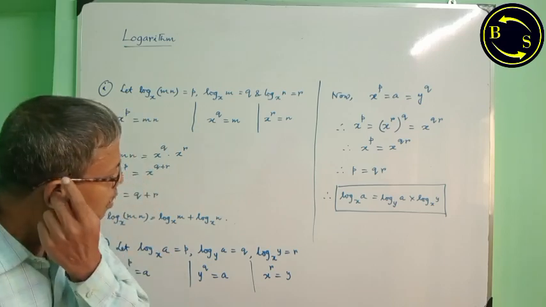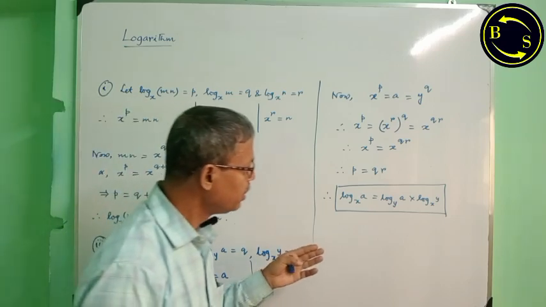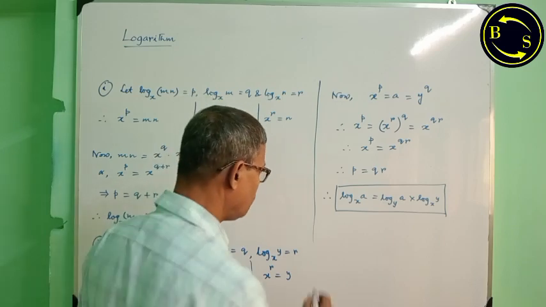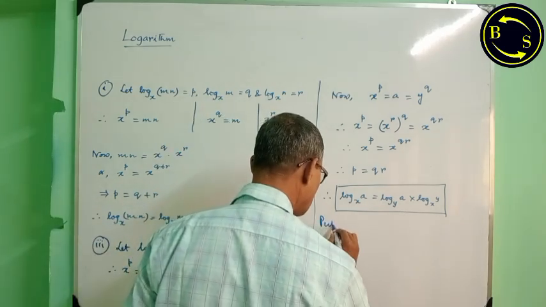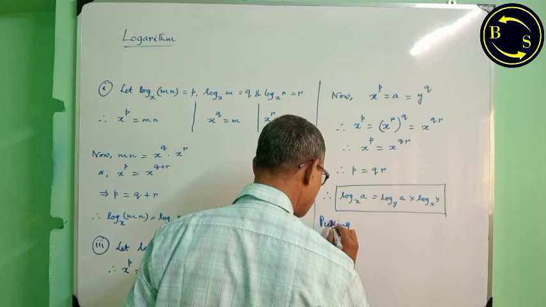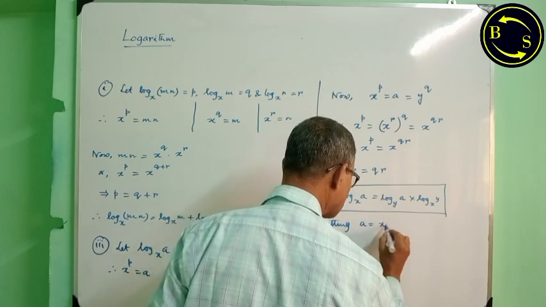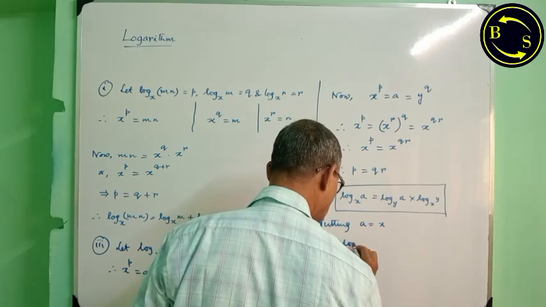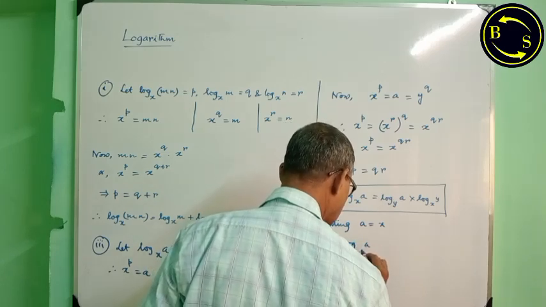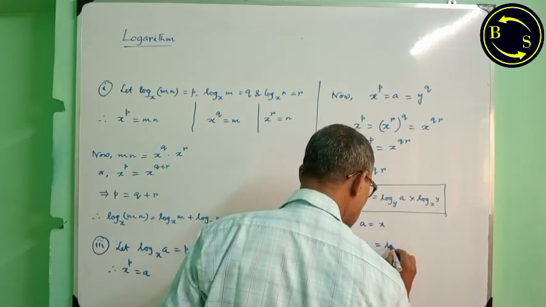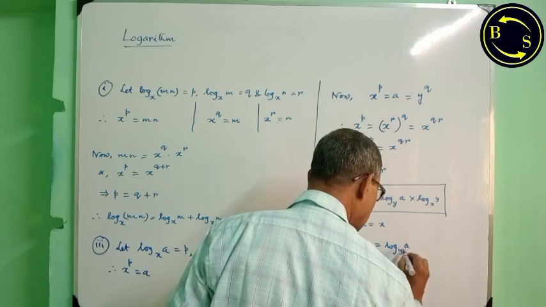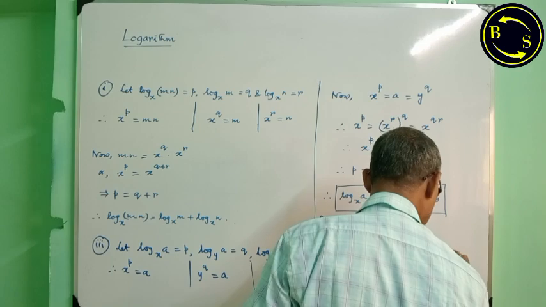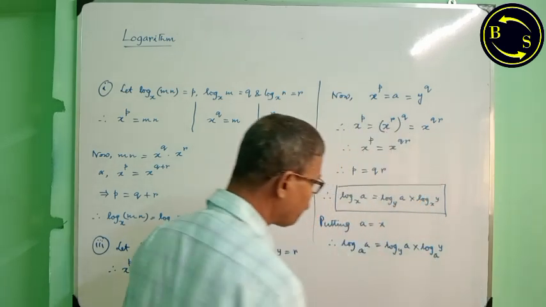Now putting a equal to x, what we get from here? Therefore log of a to the base a is equal to log of a to the base y into log of y to the base a.